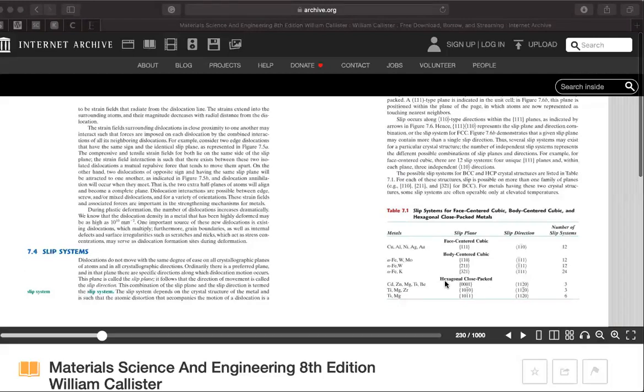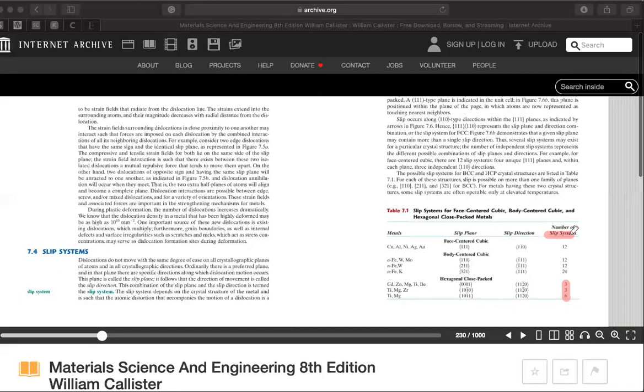Now, if you compare HCP with FCC and BCC, you will find there is a smaller number of slip systems. What does that mean?